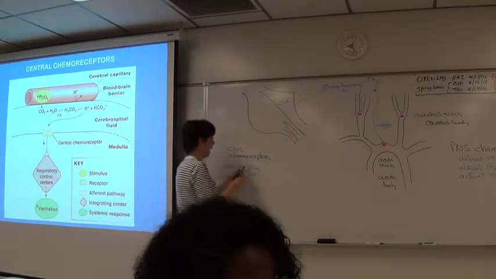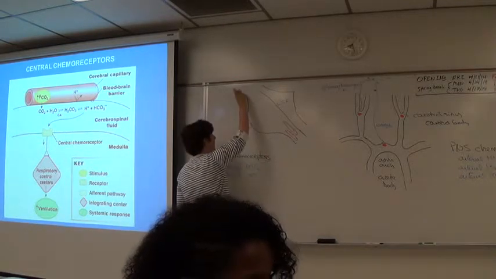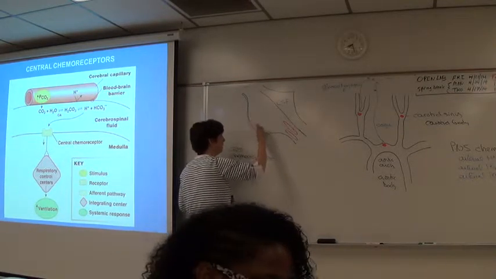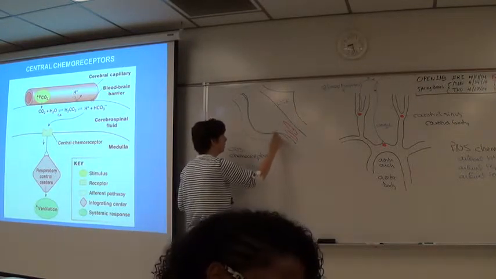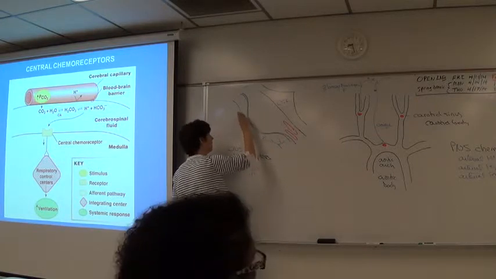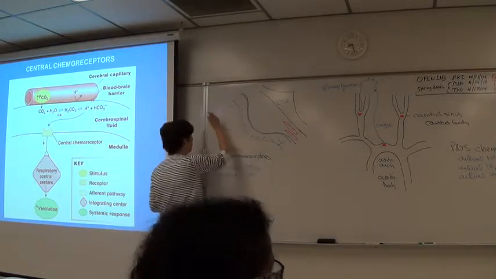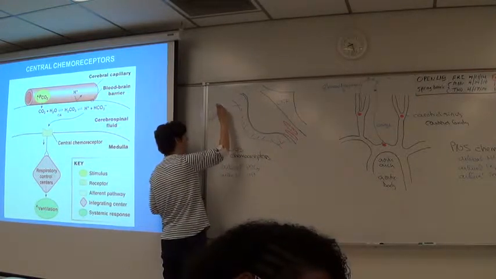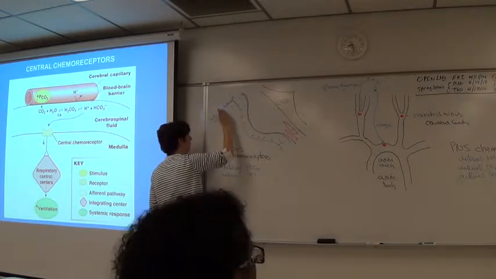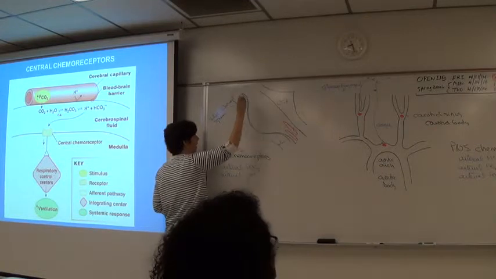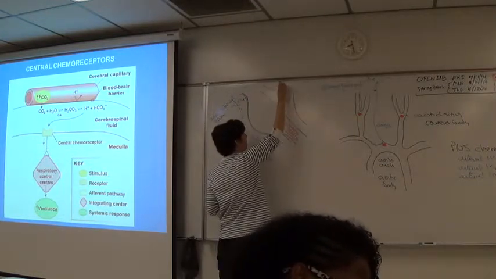Remember, if we have pia mater covering the surface of the brain, and then arachnoid mater, this would be our subarachnoid space, and it's also going to have CSF in it. This is our fourth ventricle.